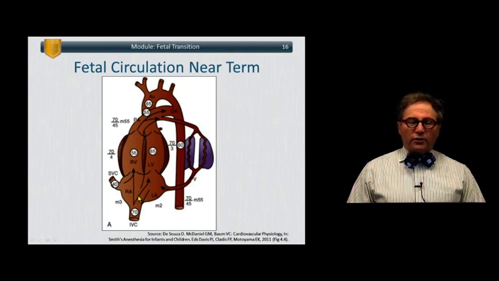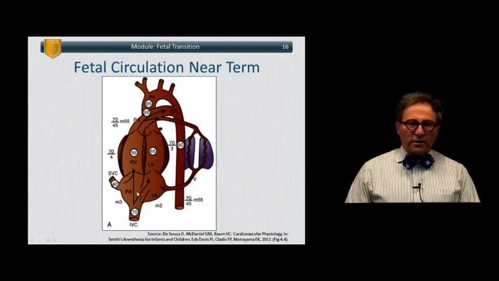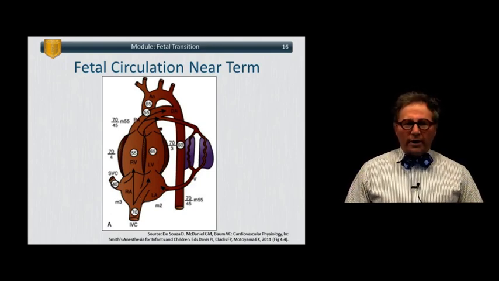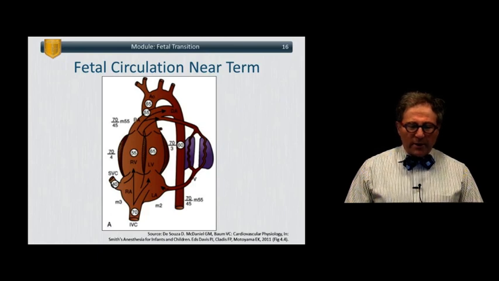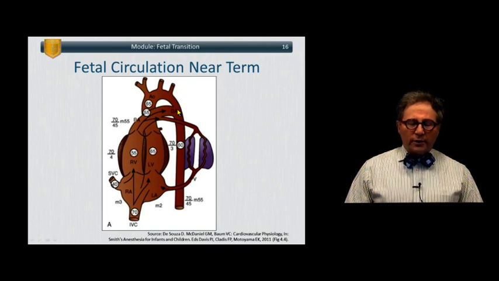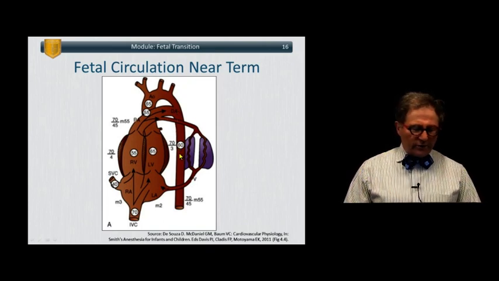This blood is directionally diverted to ensure that the most oxygenated blood gets to the most important areas, the heart and brain. The remainder of the blood goes through the right ventricle, containing less oxygen than on the left side, and ends up through the ductus arteriosus, perfusing the lower extremities and the rest of the organs.